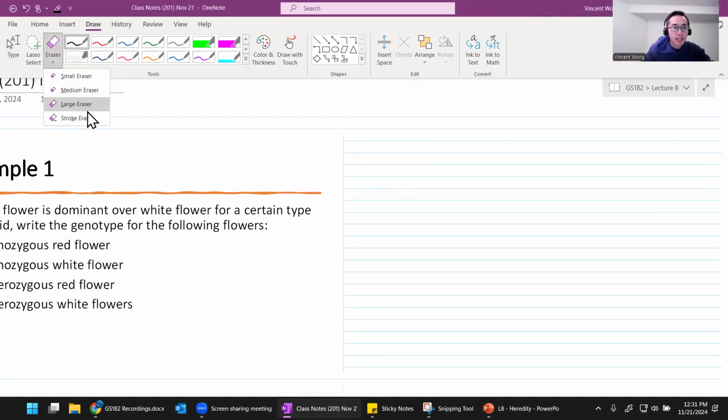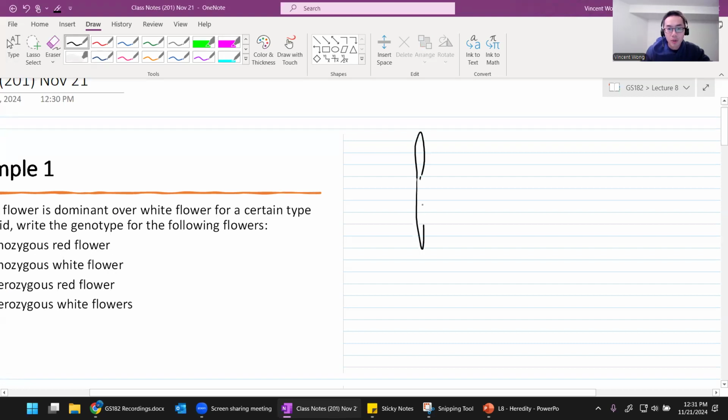Last class, we talked about how genes have different versions, and these different versions of a gene are called alleles. So here we have one chromosome, and then we have another chromosome. We have two sets because we are diploid organisms.